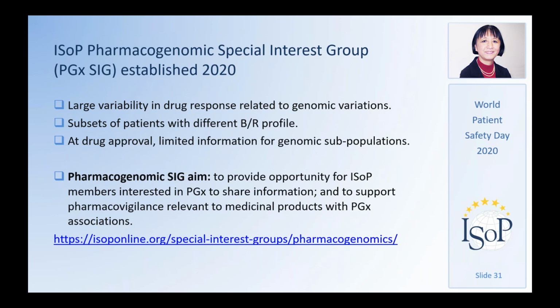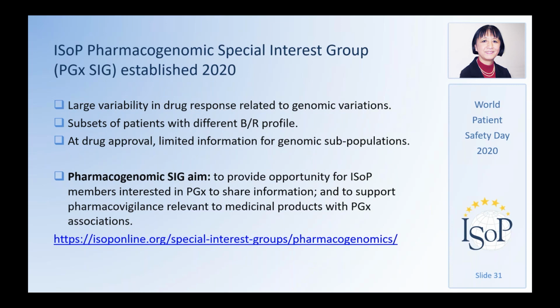We know there is large variability in drug response related to genomic variations, and there are subsets of patients with a different benefit-risk profile. At drug approval, there is limited information for genomic subpopulations, because the studies are usually limited in size and number, and patients with rare variations will not be discovered during the clinical trials.